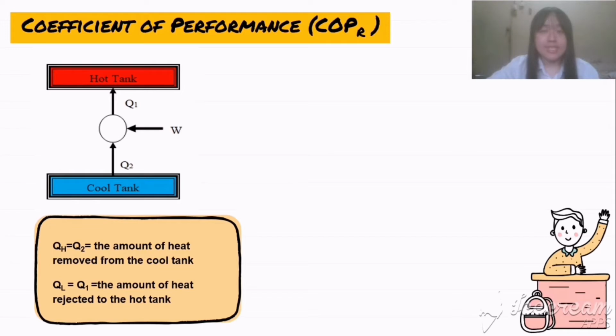Q2 in this diagram is known as QH, the amount of heat released to the hot tank, whereas Q1 is known as QL, the amount of heat absorbed from the cool tank.